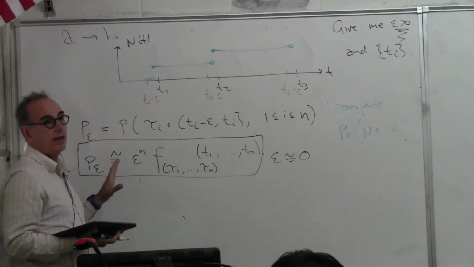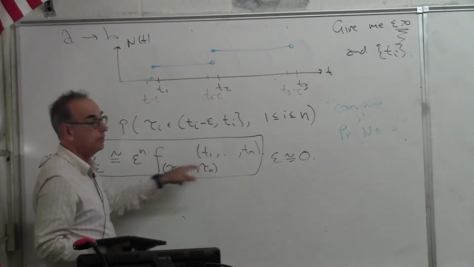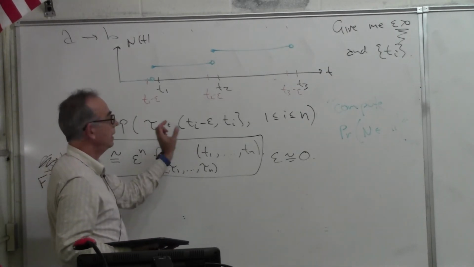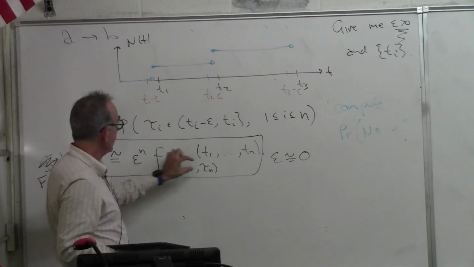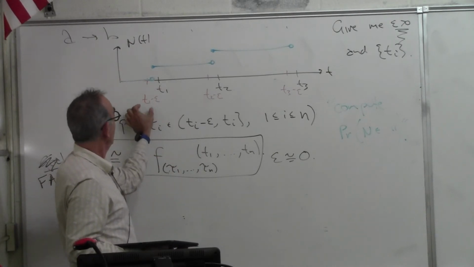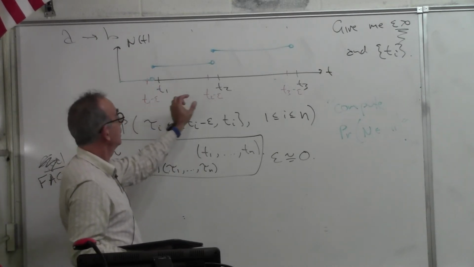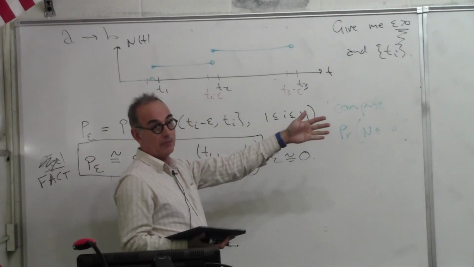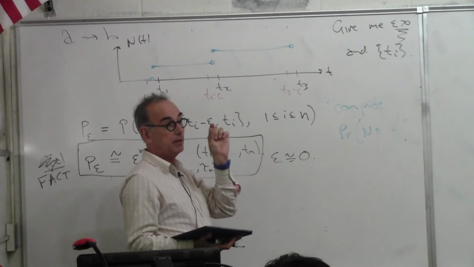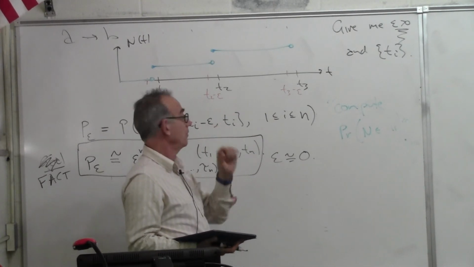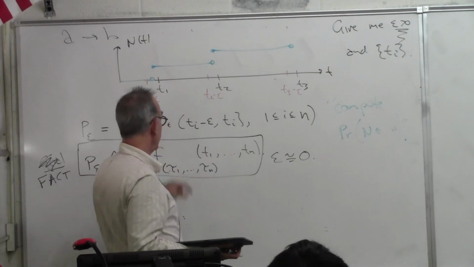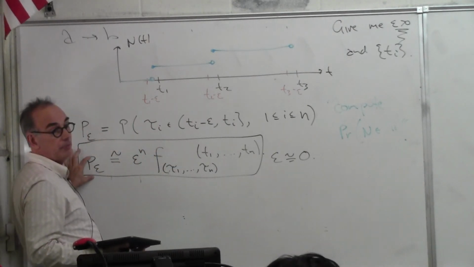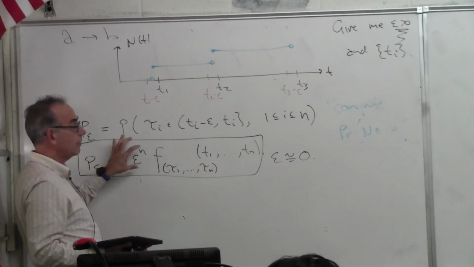So you'd all agree with that. If I want the joint density of a random vector, what do I do? I look at the probability that tau 1 is in the first interval, tau 2 is in the next, tau 3 is the next, and so forth. I look at the joint probability of that event of being in a cube, and I divide by the volume of the cube. So this is the probability of being in a cube, and that's the volume of the cube.